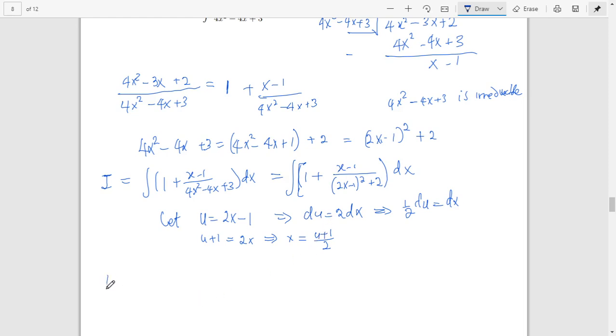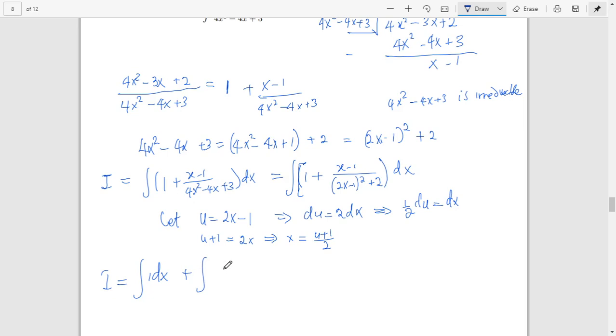So my integral I becomes, by doing change of variable, 1 plus, I think this 1 I can just leave with the x, so I just work with something else. 1 dx plus, then I'll change the variable of this one to u and work with that.